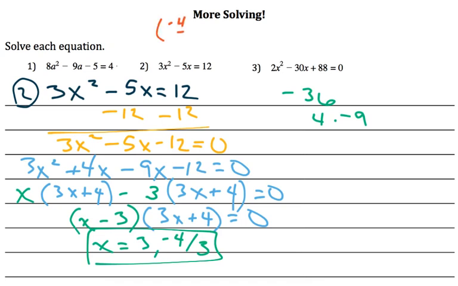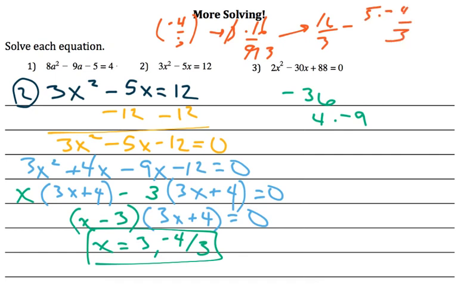Here's negative 4/3. If I squared that, I'd get positive 16/9 times 3. These would become 3s. That's 16/3. And then 16/3 minus 5 times negative 4/3. And I get 16 minus 20/3, which would be negative, which doesn't really agree, which tells me I'm cutting too many corners.